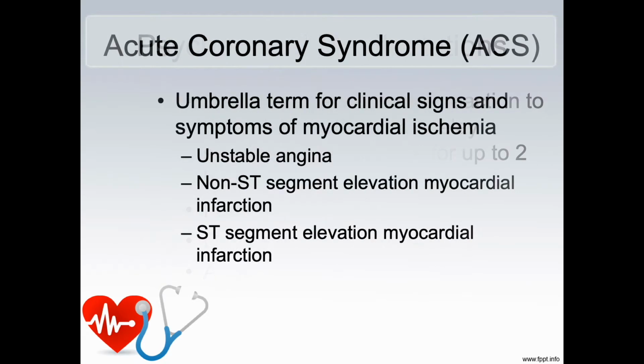So the term acute coronary syndrome is an umbrella term for clinical signs and symptoms of myocardial ischemia and includes the terms unstable angina, non-ST segment elevation myocardial infarction, and ST segment elevation myocardial infarction.